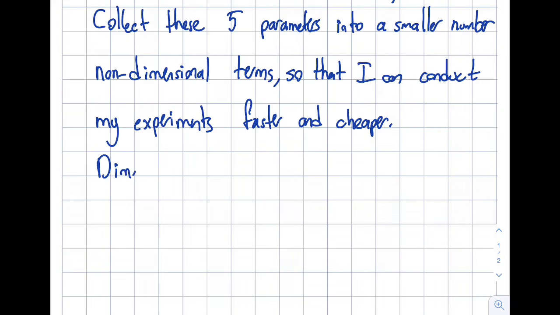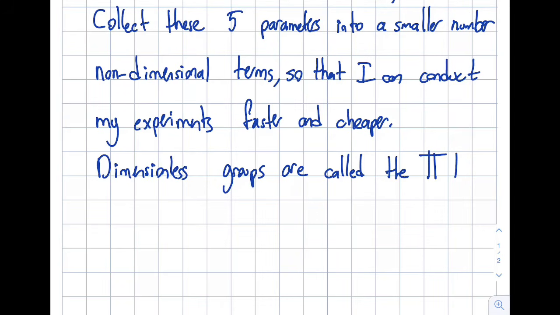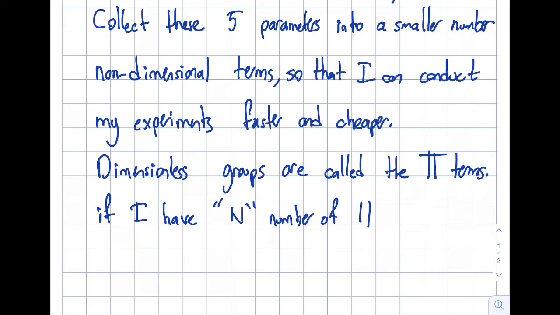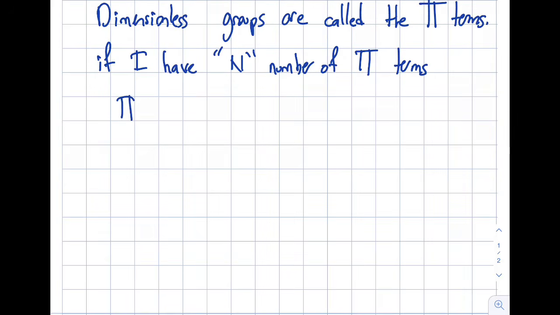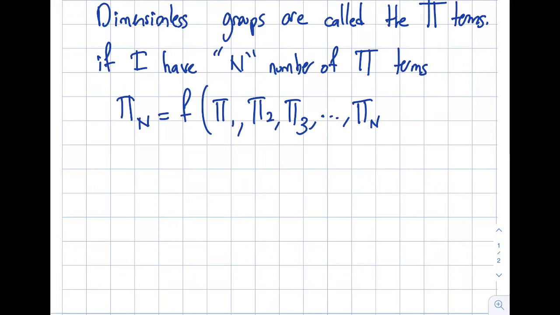These dimensionless groups are called the pi terms. If I have n number of pi terms, then I will write this relationship: pi n can be represented as a function of pi 1, pi 2, pi 3, all the way to pi n minus 1.